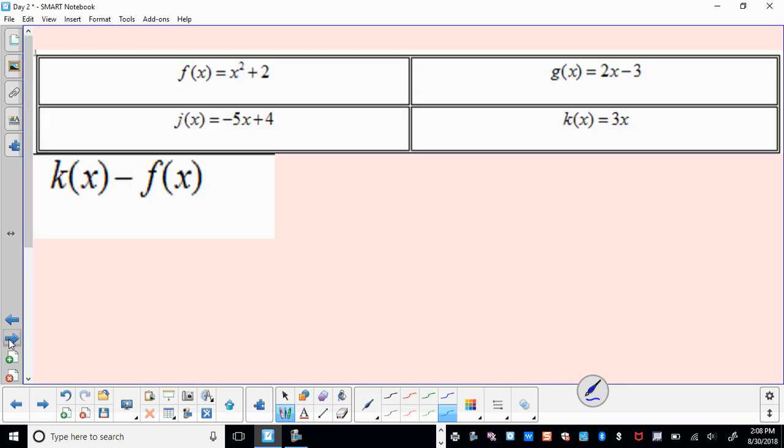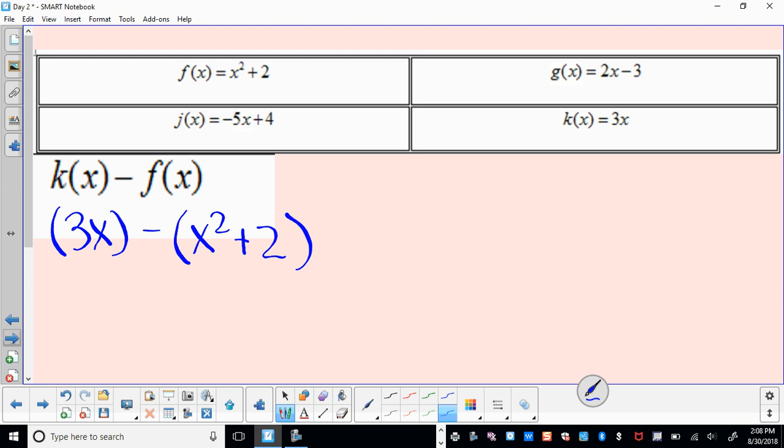Look at number 8. K of x minus f of x. My k of x is 3x. My f of x is x squared plus 2. Alright, let's see here.